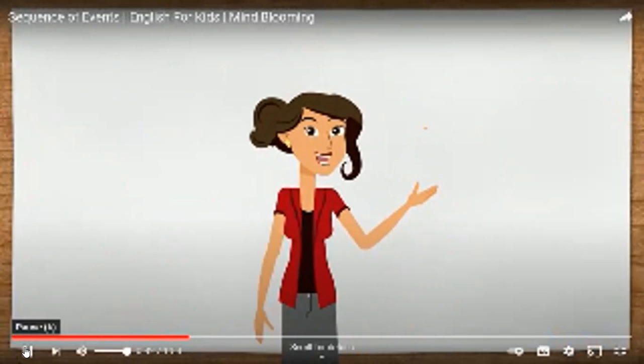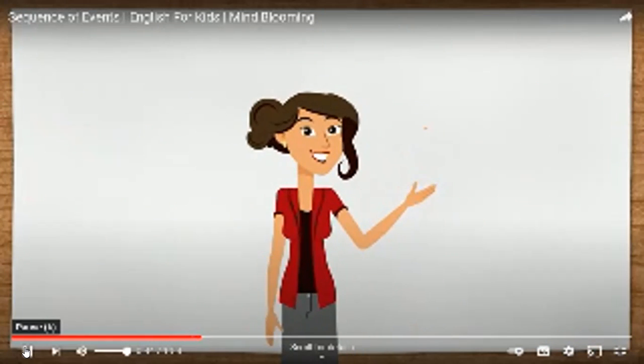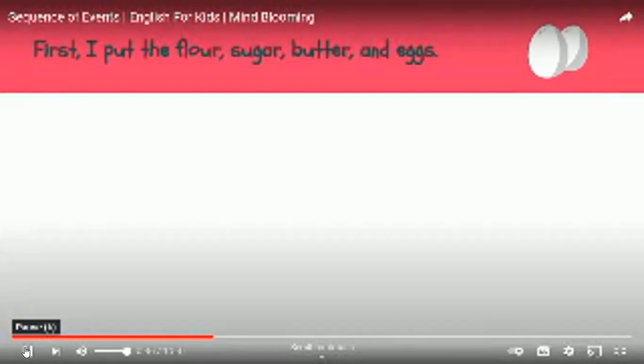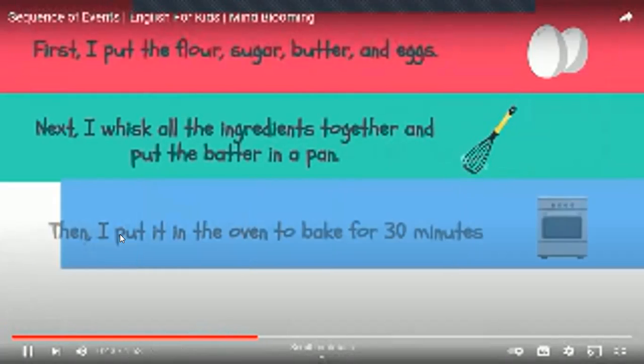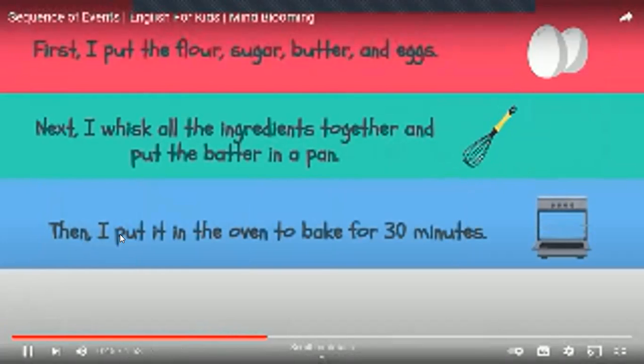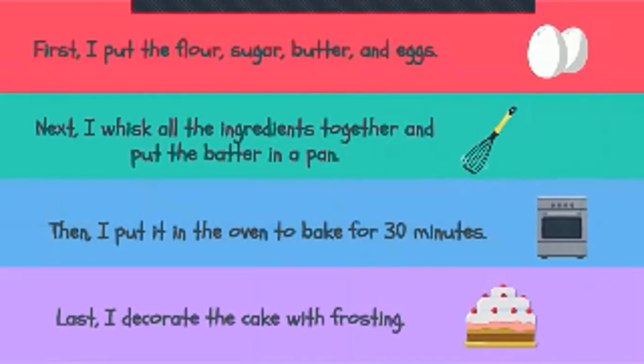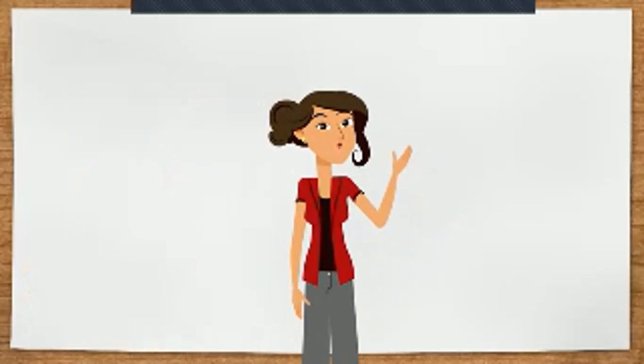Let's see if I can use these words to tell you how I bake a cake. First, I put the flour, sugar, butter, and eggs. Next, I whisk all the ingredients together and put the batter in a pan. Then, I put it in the oven to bake for 30 minutes. Last, I decorate the cake with the frosting. So that is one way of showing sequence in a story. There are many more transition.